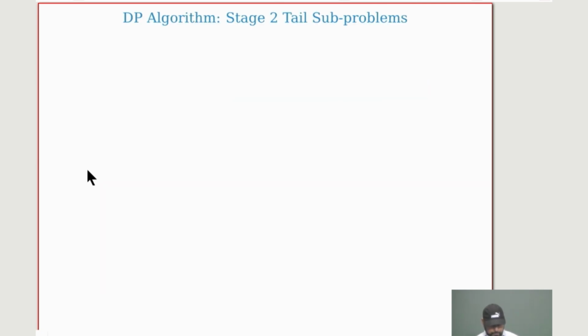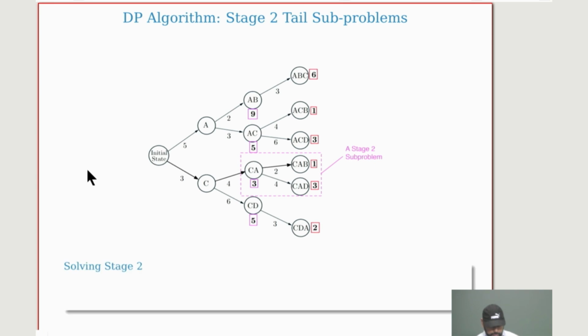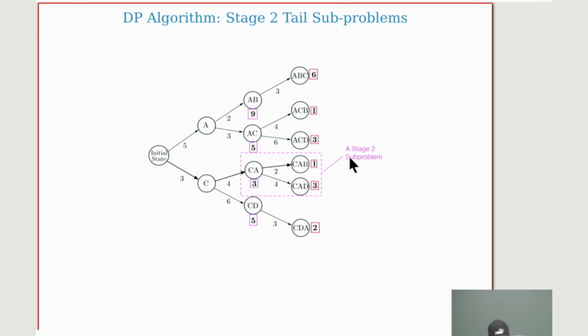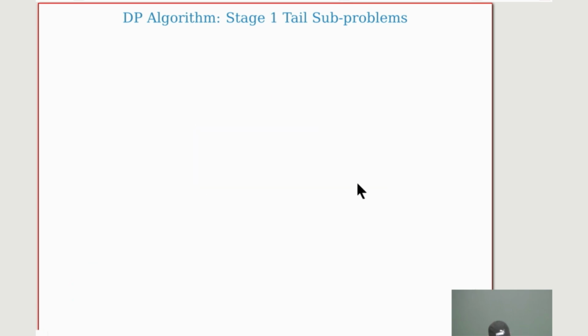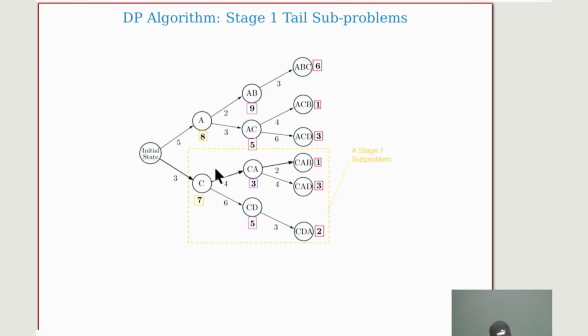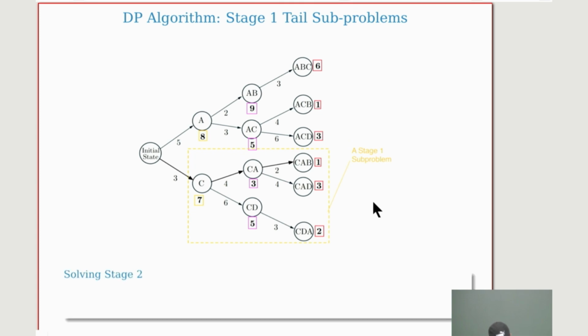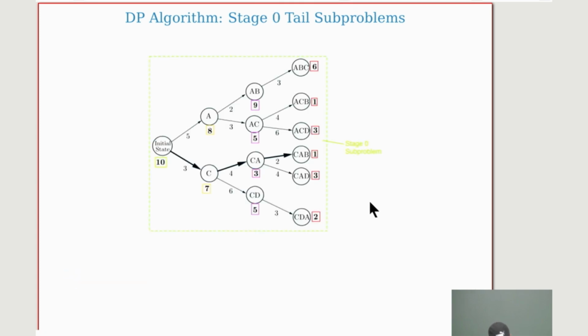So for this problem, this is what we have. So a stage 2 sub problem looks like this, and we are looking for a minimum here. So we have already figured this out, and then the stage 1 sub problem involves this, and out of this we are looking for minimization over all possible controls, and so on, and then the final stage will be this, right?